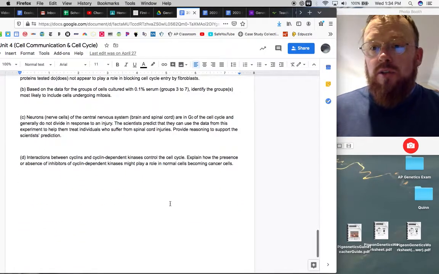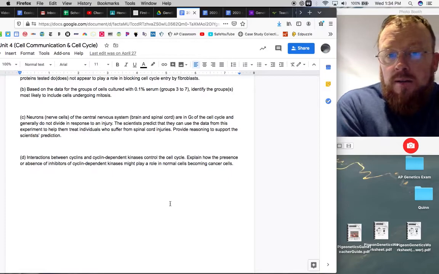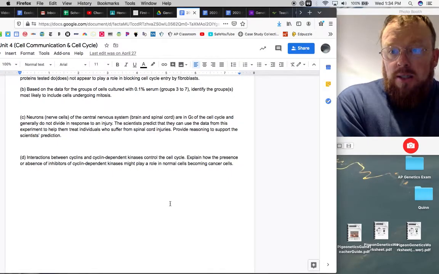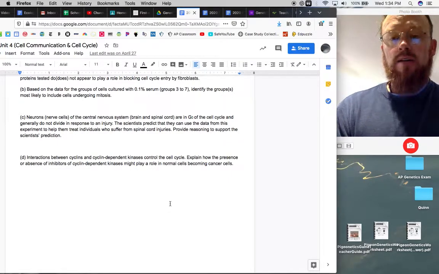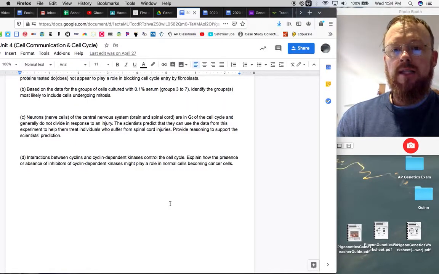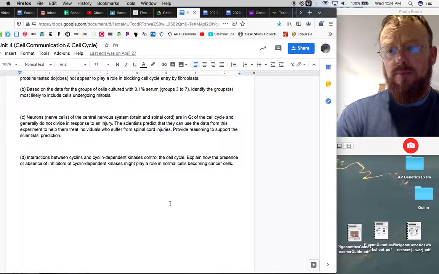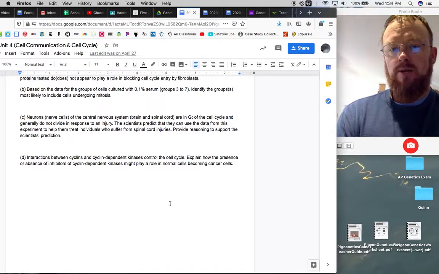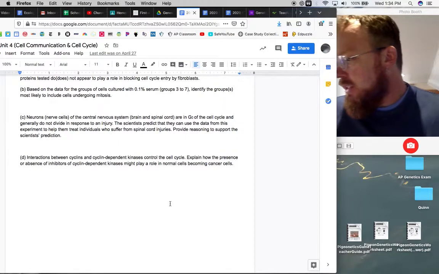Okay, C, neurons are in G0 and do not generally divide in response to an injury. Scientists predict they can use this data to help them treat spinal cord injuries, provide reasoning.